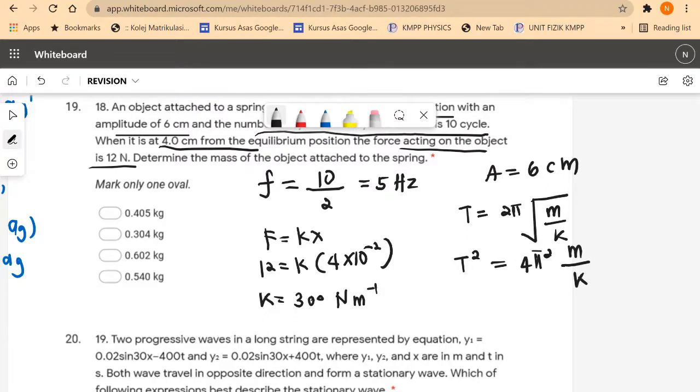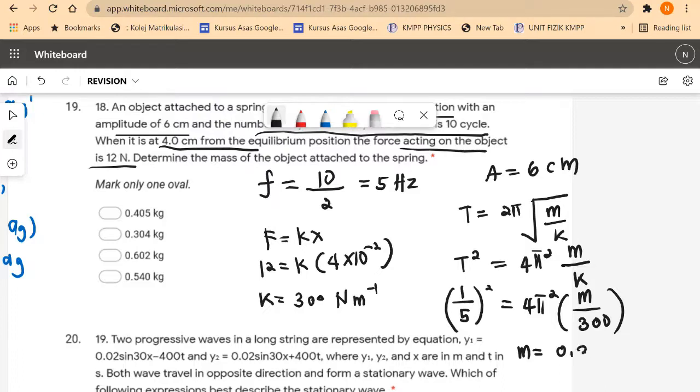Substitute the period: period is 1 over f, where f is 5. So (1 over 5) squared equals 4 pi squared, m is the unknown, and k is 300. So you can determine the mass. The mass is 0.304 kilogram. So the answer is B for number 18.